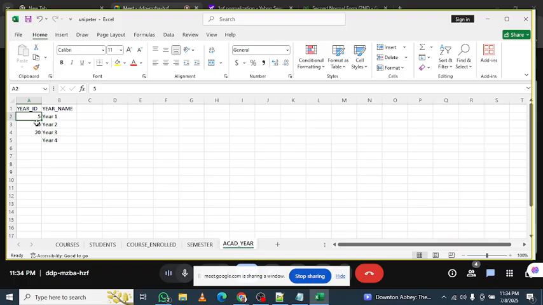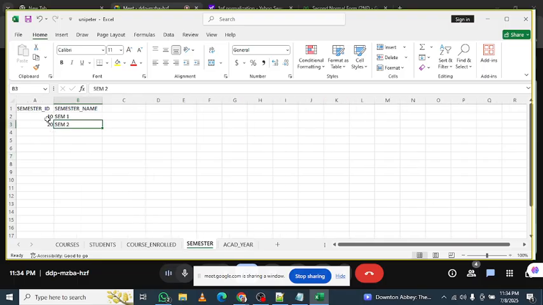So I'm thinking of 100 level. Do you understand that? We can just say 100 level, 200 level, but they are all IDs. So I will use 5 for semester. So we have it like that. Year one, which is 100. For semester, I can say 5, and then 10 for semester.